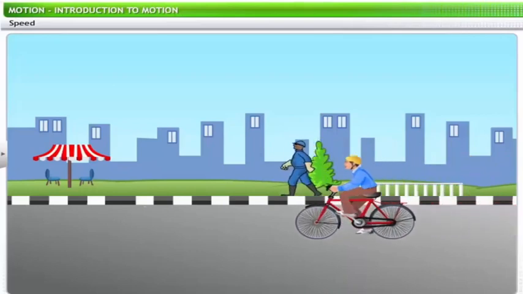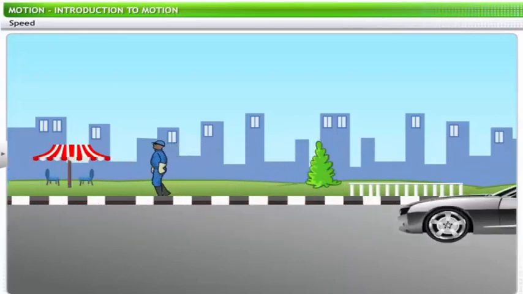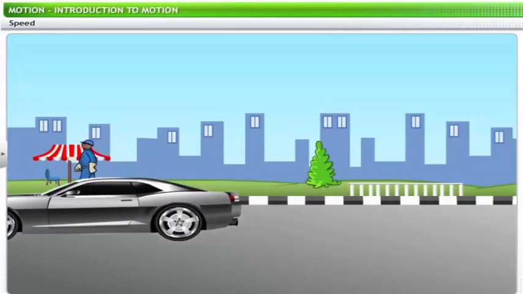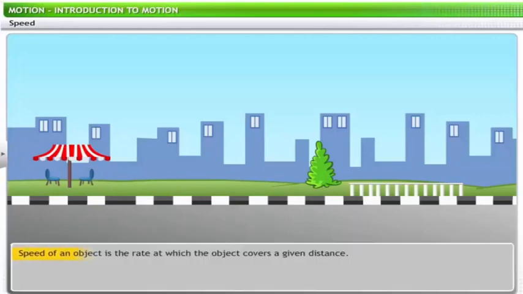How fast does a moving object change its position? The answer to this question relates motion to the time taken for the change of position, and that brings us to speed. Speed of an object is the rate at which an object covers a given distance or changes its position.